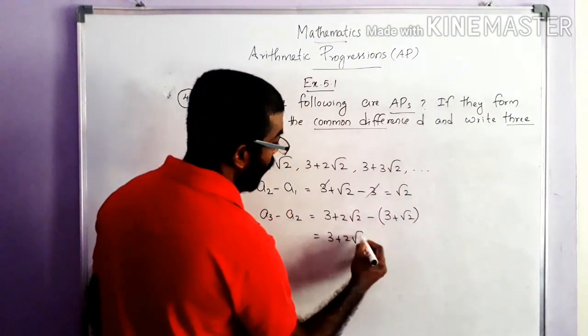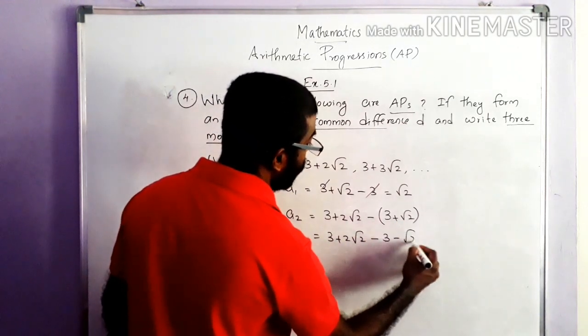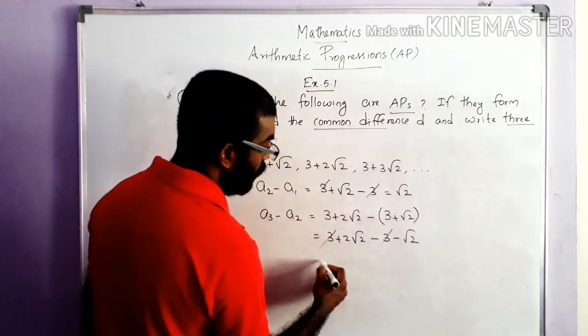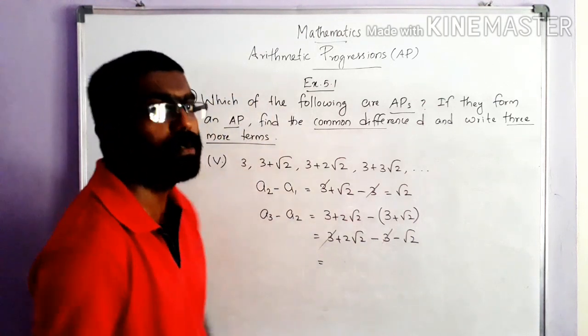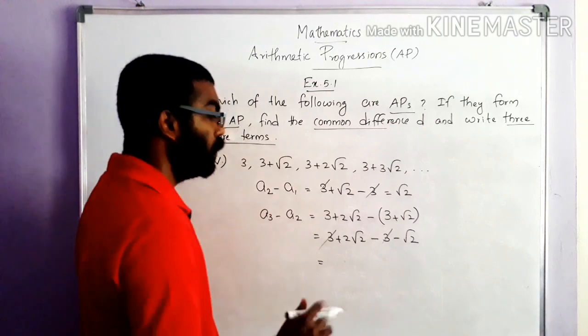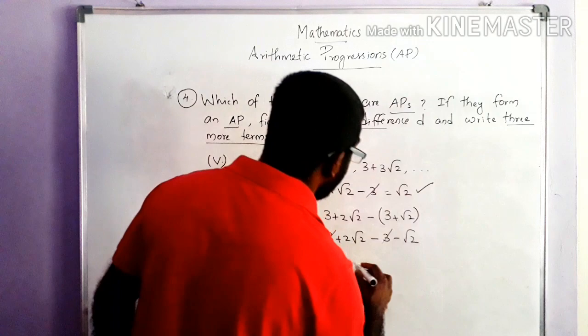First we can remove the bracket, minus 3 minus into plus minus root 2. Here also plus 3 and minus 3 get cancelled. 2 root 2 minus root 2 means 2 root 2 minus 1 root 2. That is root 2.